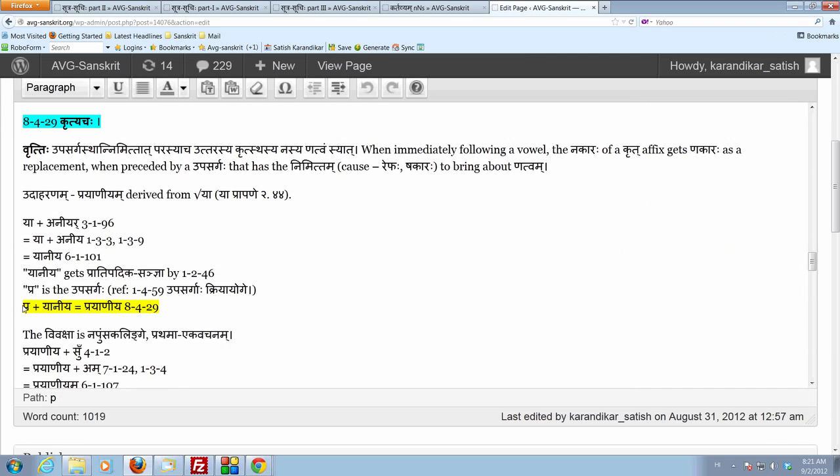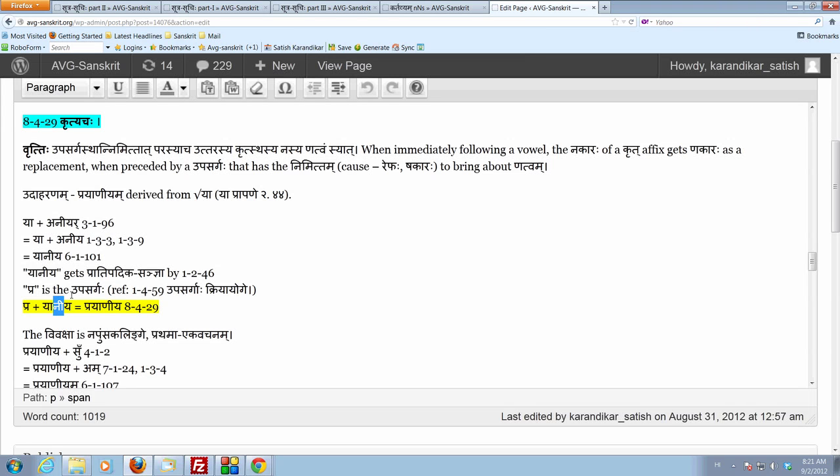The nimittam, the repha, is in pruthak pade, a separate padam from the nakaraha. So we could not apply 842 because that requires samana pade. So therefore we require 8429.